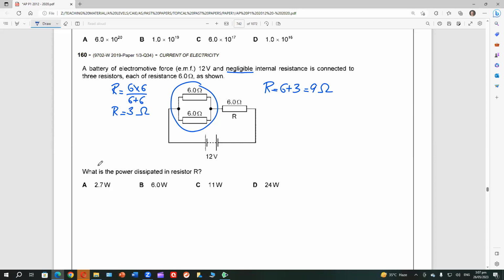Now, I have the resistance and I have the voltage, so I can find the total power. Either I should find the current, but let's go through the current route.